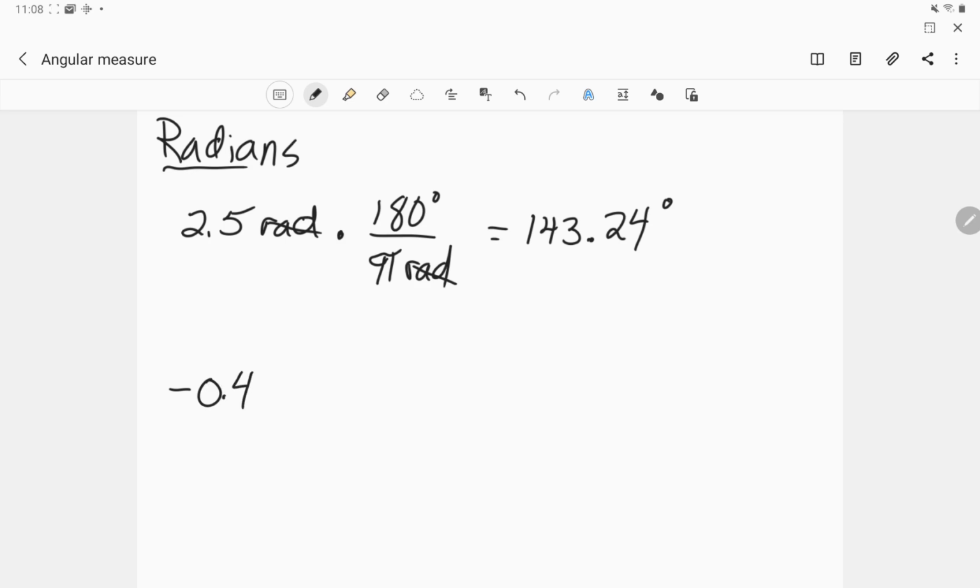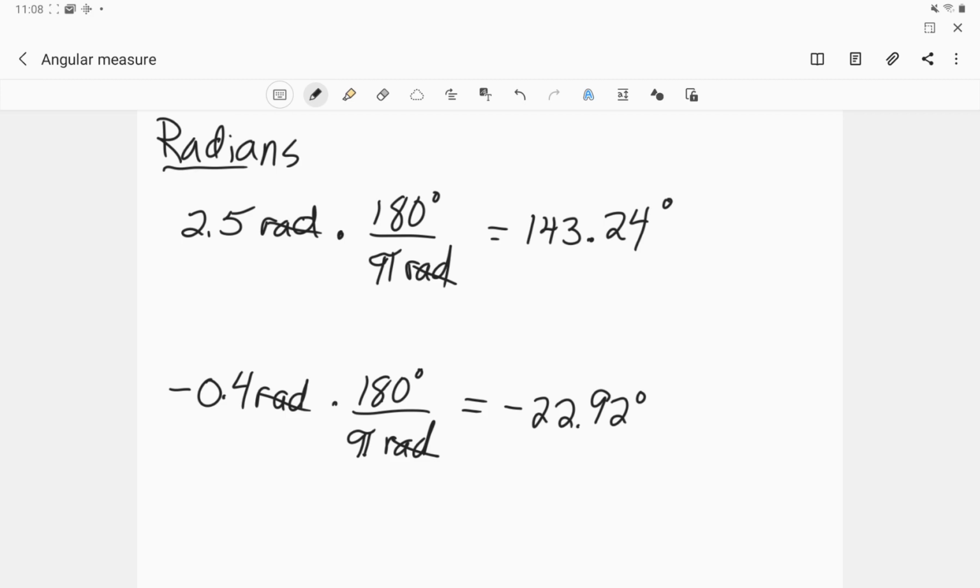So negative 0.4 radians would be times 180 over pi radians. So cancel out your radians, do negative 0.4 times 180 divided by pi gives you negative 22.92 degrees. So that's just really talking about switching from one form to another, either from radians to degrees or degrees to radians.